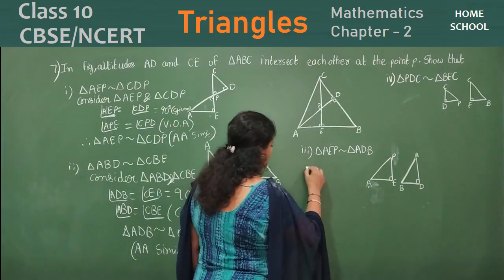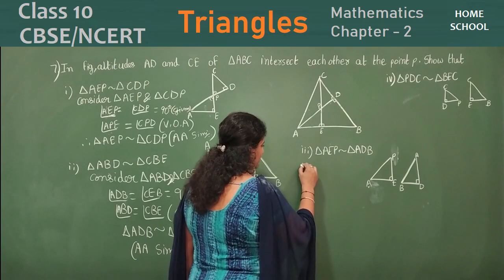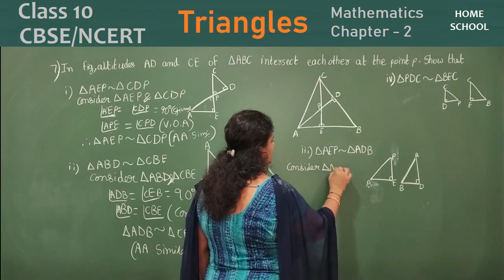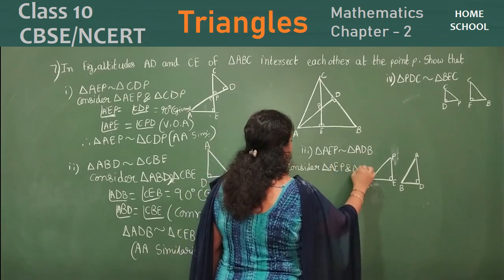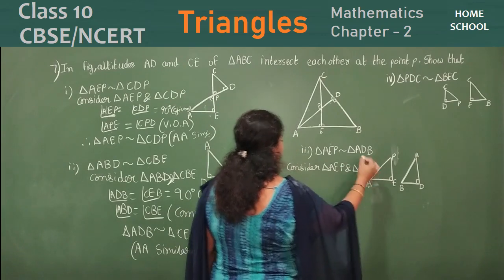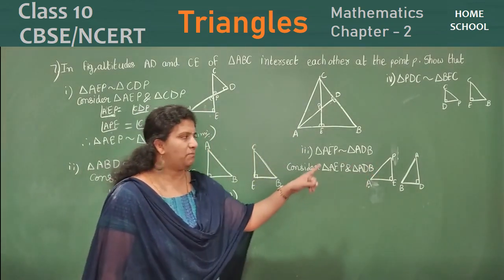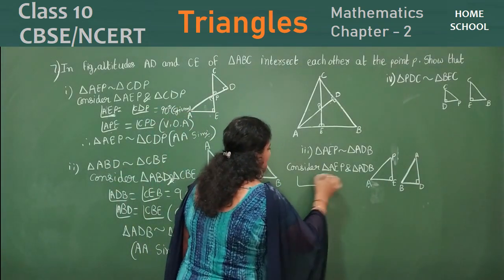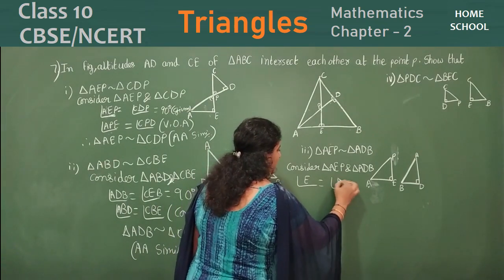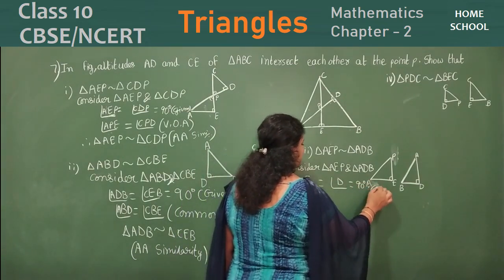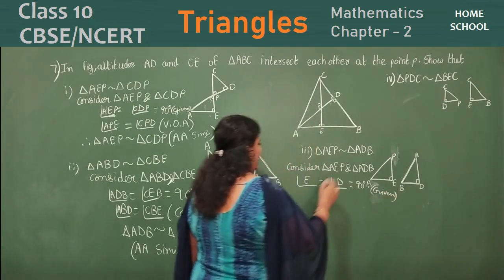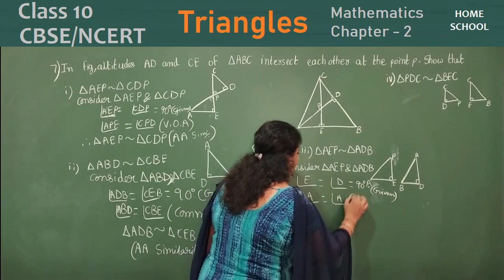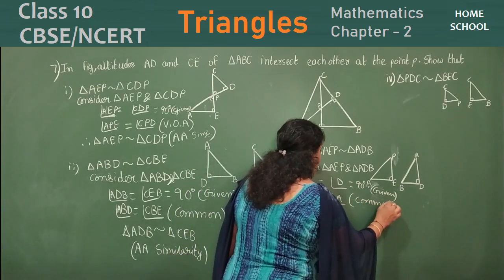So now, I can write it here. Consider triangle AEP and triangle ADB. What are the two triangles? AEP and triangle ABD. So here what I can say, angle E is equal to angle D is equal to 90 degrees. That is given. And one more. What is one more here, children? Angle A is equal to angle A, reason common angle.